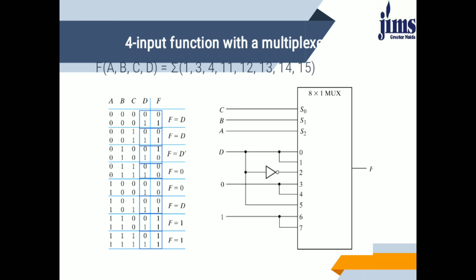For 1 it is 1. For 3 it is 1. Accordingly F is marked. And after pairing it, we will generate the outputs as D, D bar, 0 or 1. So it is shown in the figure. So in this way, we can implement any input function with a multiplexer.